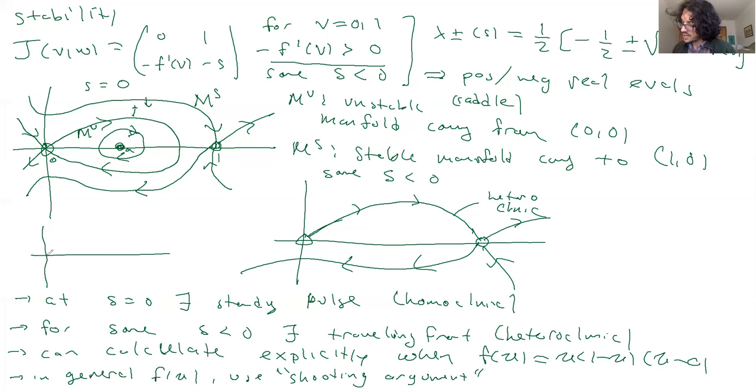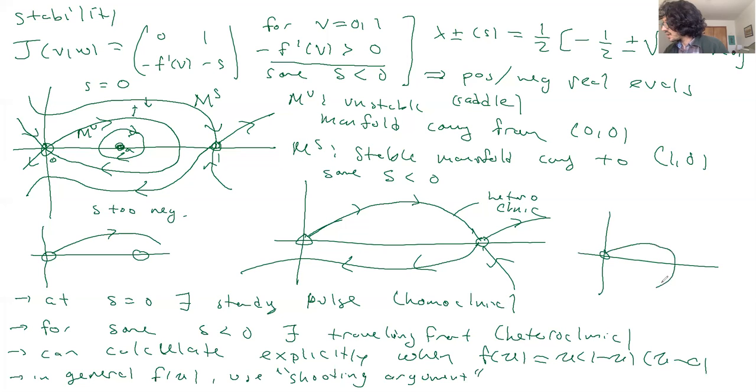And so the idea here is that if I just draw these two saddles, right, if I shoot and it overshoots, okay, this would mean that S is too negative in this case. If I shoot and it doesn't quite hit it, right, then this would mean S is not negative enough, okay?